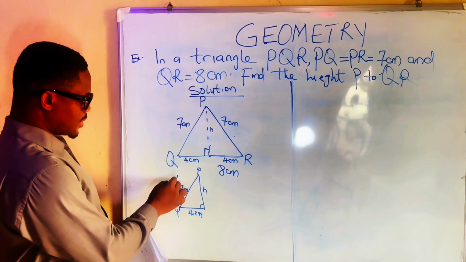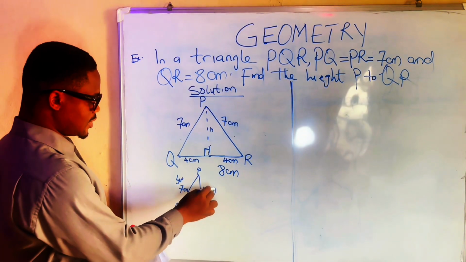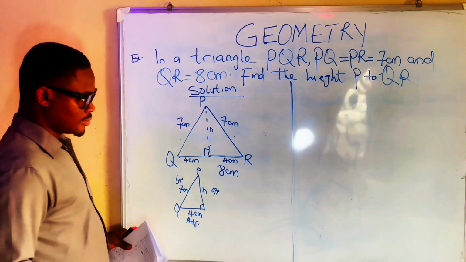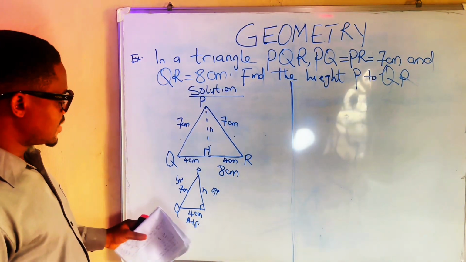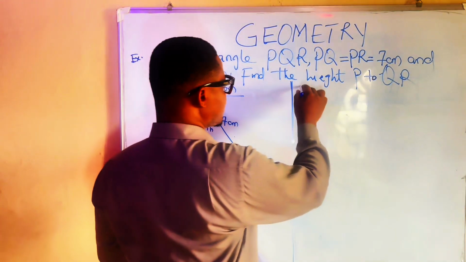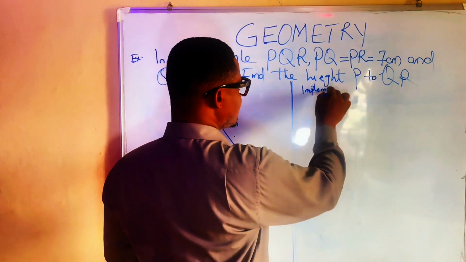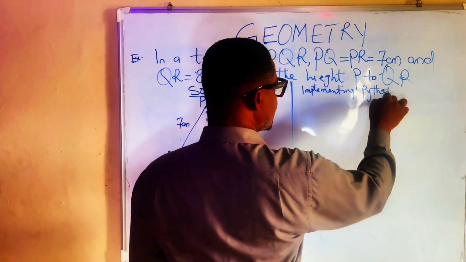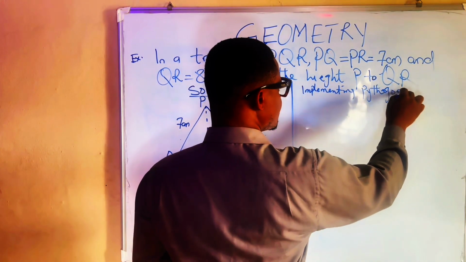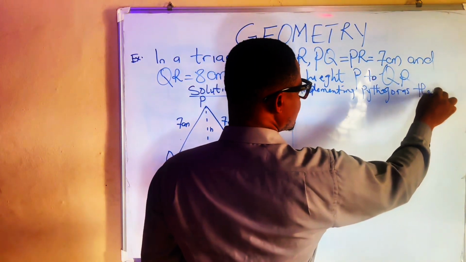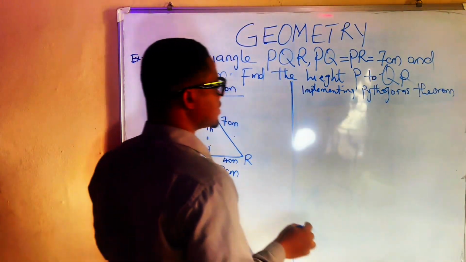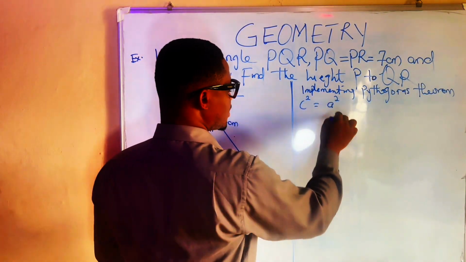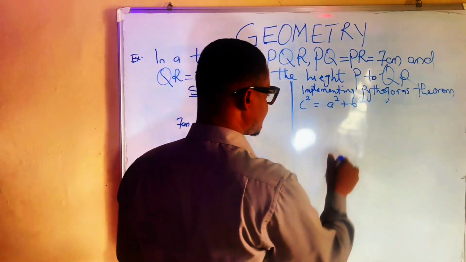You can call this side the hypotenuse, this side the opposite, and this side the adjacent. So implementing Pythagoras theorem, which states that c squared is equal to a squared plus b squared.